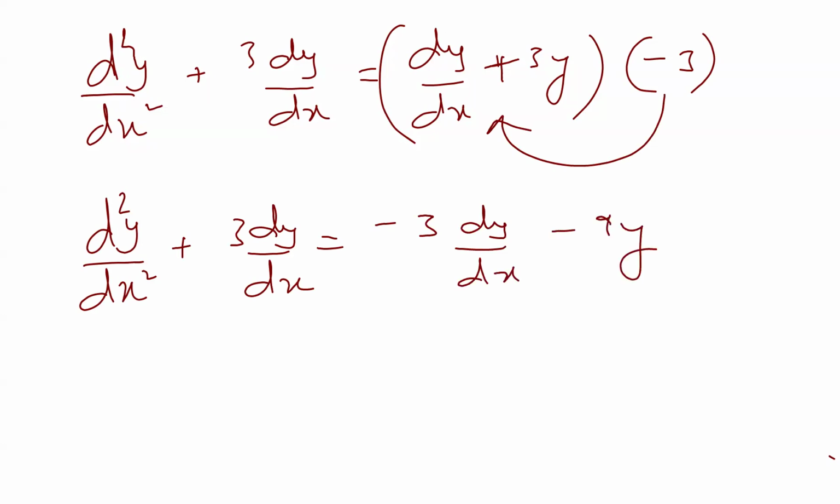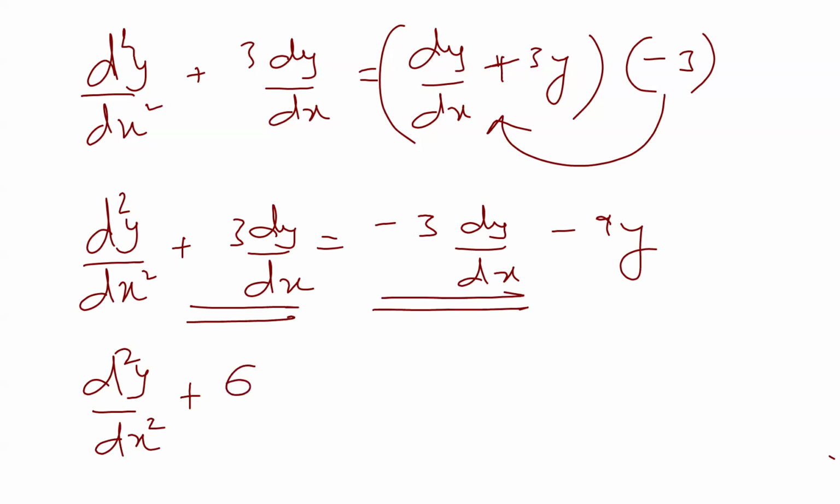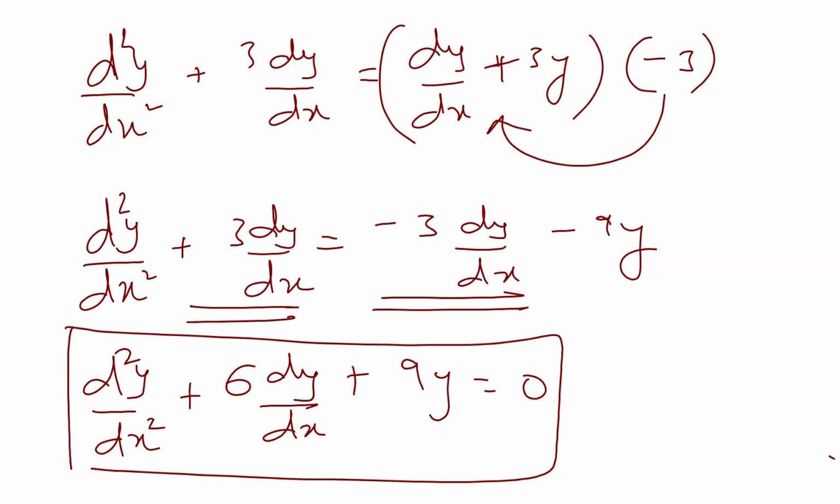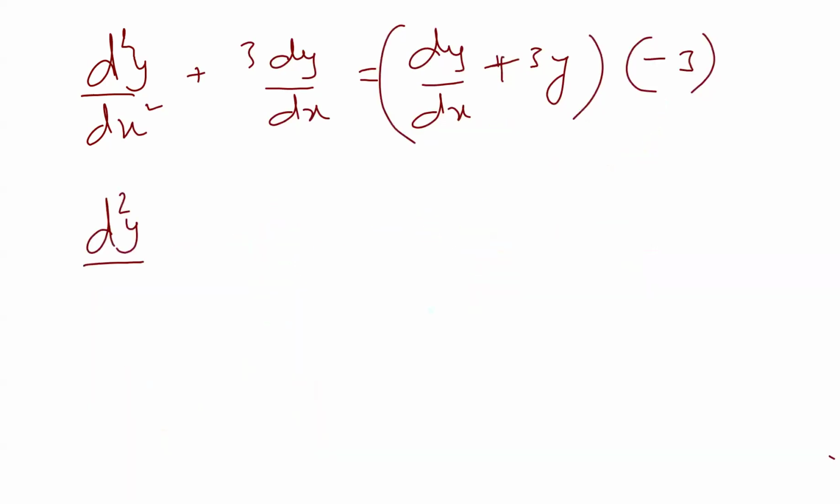Okay. Then send both the terms to the left hand side. Plus 3 dy by dx plus 3 dy by dx will be 6 dy by dx. Plus 9y. 9y also send it to the left hand side. Is this what is required? Have I completed my proof?